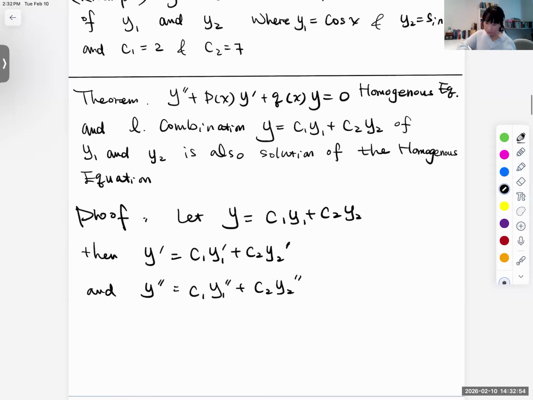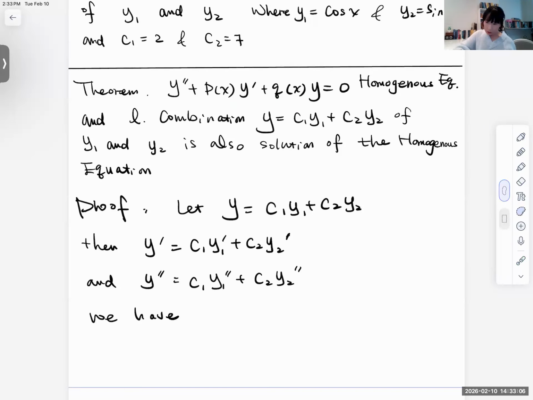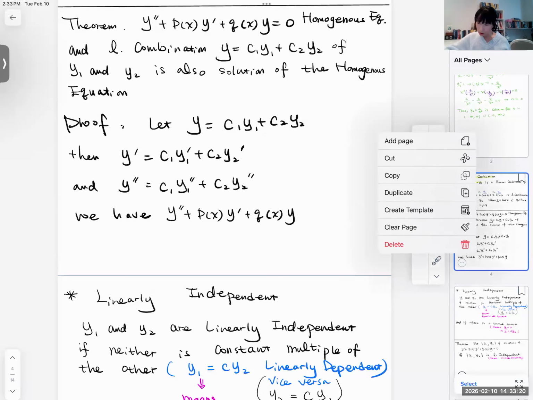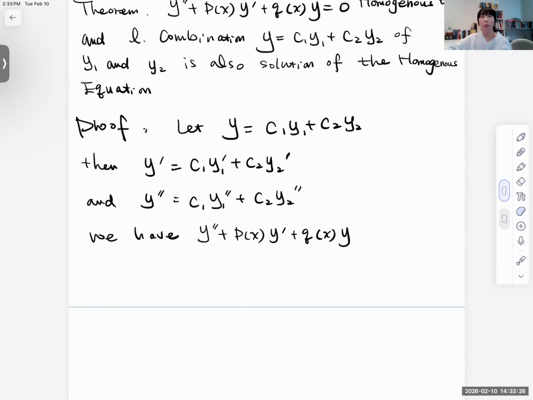Okay, now we have the homogeneous equation, right? So I want to copy the left side, copy, paste, right? All right, we have that. Okay, now I want to make more page. So if we have that, then I want to substitute y second prime with this, y first prime with that. Okay, let's do it.